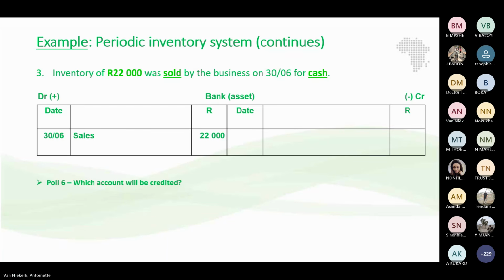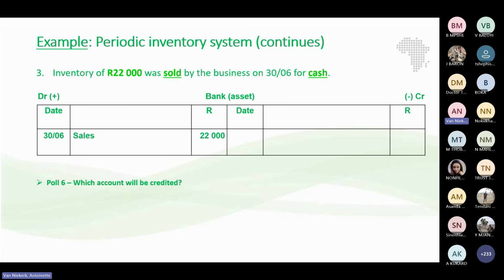Okay. Now, let's see the next one. Let's hope more of you participate. Looking at this transaction again, taking into account it's the periodic inventory system, you don't use your inventory account.